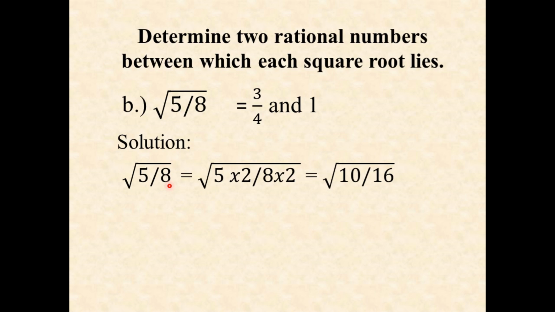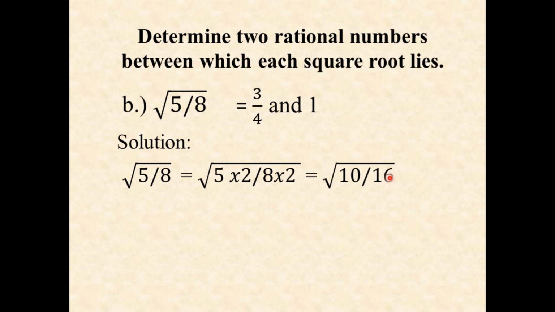So next to 9 is 16. Okay? So to make 8 equal to 16, we must multiply 8 by 2. Then, if we multiply the denominator by 2, we must also multiply the numerator by 2. Okay? So, after multiplying, this is now the result: square root of 10 over square root of 16.